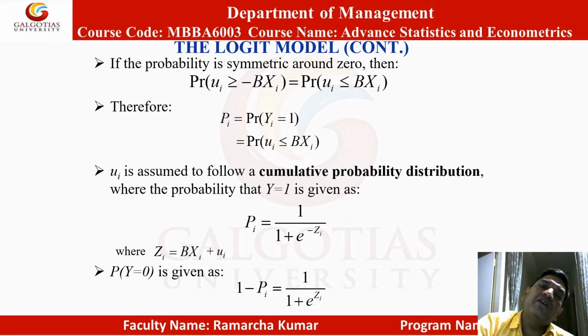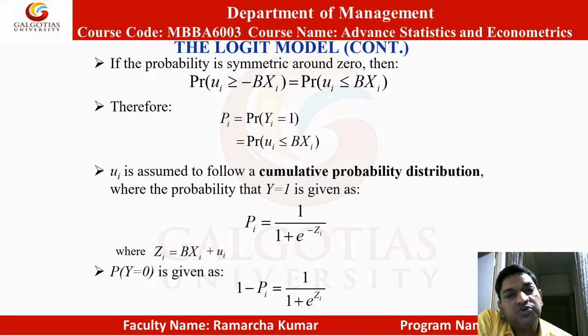If the distribution is symmetric around 0, then this is equal to the probability that ui is less than or equal to b times xi. Therefore, the probability Pi, that yi is equal to 1, is equal to the probability that ui is less than or equal to b times xi.